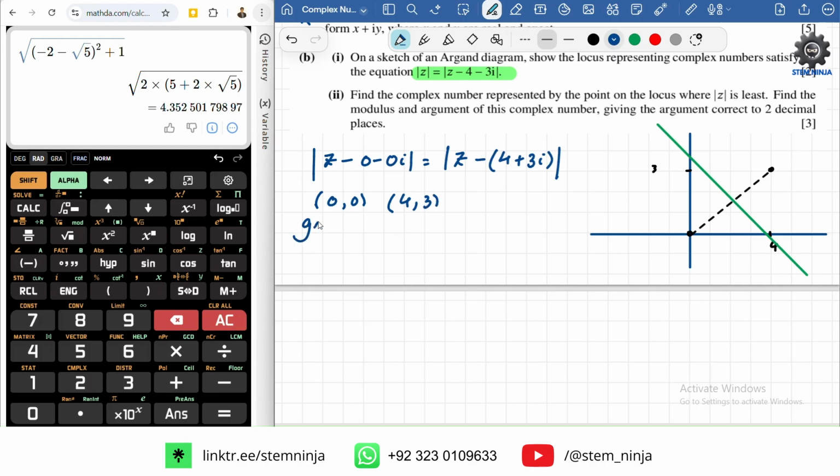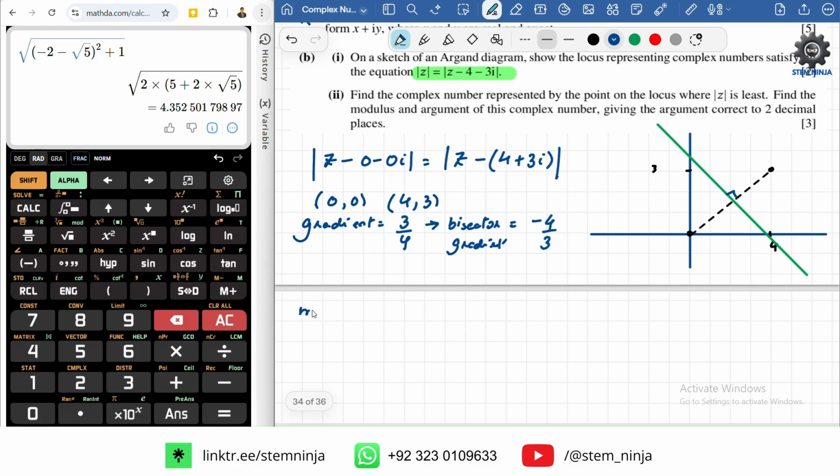First we find the gradient between them: 3 by 4. So that means the gradient of the perpendicular bisector would be minus 4 over 3.